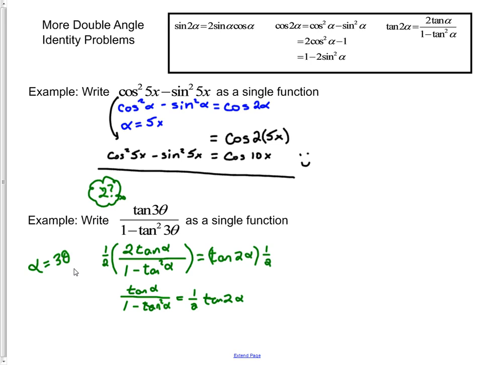Then replacing alpha with 3 theta means that we're going to get 1/2 times the tangent of 2 times 3 theta. And like we said in the expression above, we can simplify that and get 1/2 times the tangent of 6 theta. And that would be the single function that we're looking for. So we're done with this one.